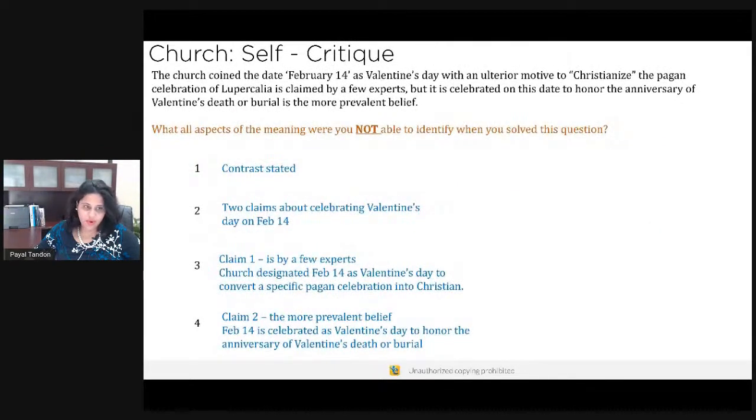Now, these are the four aspects over here. What I want you to do is tell me which ones of these aspects you were not able to identify. Okay, tell me which ones of these aspects you were not able to identify.